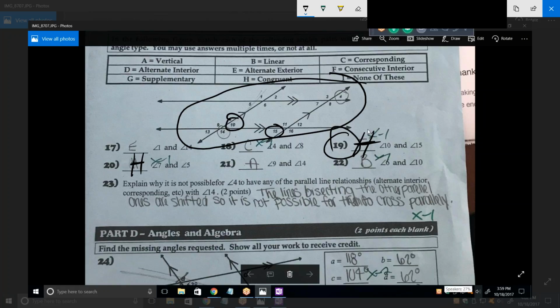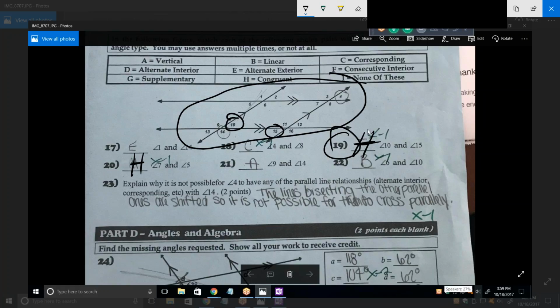The two angles that are supplementary are any acute combined with any obtuse. Like 2 and 6 are supplementary. 2 and 11 are supplementary. The angles that are supplementary, one of them is acute, one of them is obtuse, always.